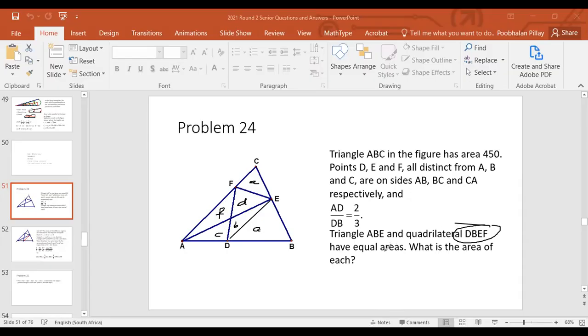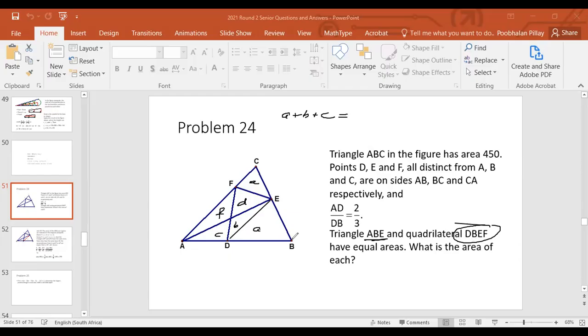Now we are given that the area of triangle ABE, there's ABE, is A plus B plus C. ABE is made up of three triangles, A plus B plus C. And that is equal to the area of quadrilateral DBEF.